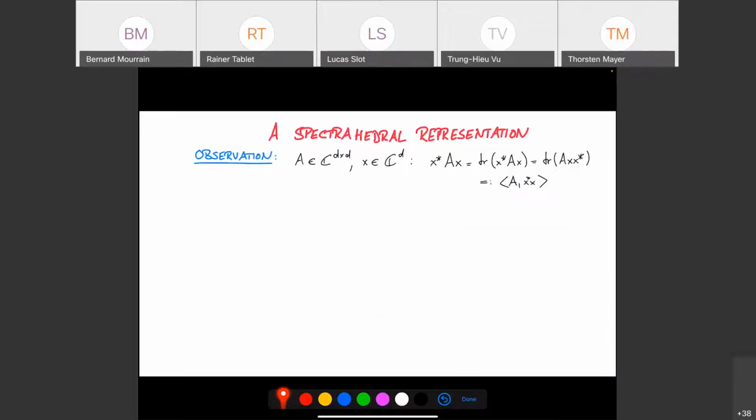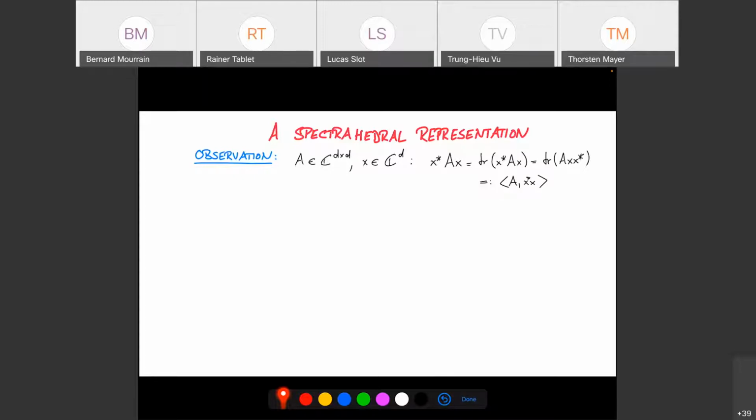Okay, so let's try to connect this to things that Daniel was talking about. So first is a simple trick that every moment person knows very well. So if you have a complex matrix A and a complex vector X, then we are interested in forming X star AX. So now I write X star for the complex conjugate transpose vector.